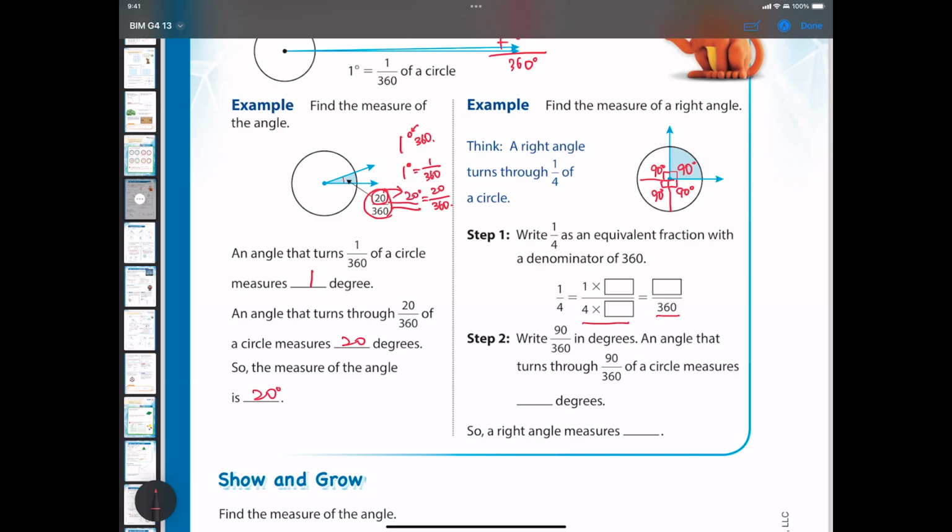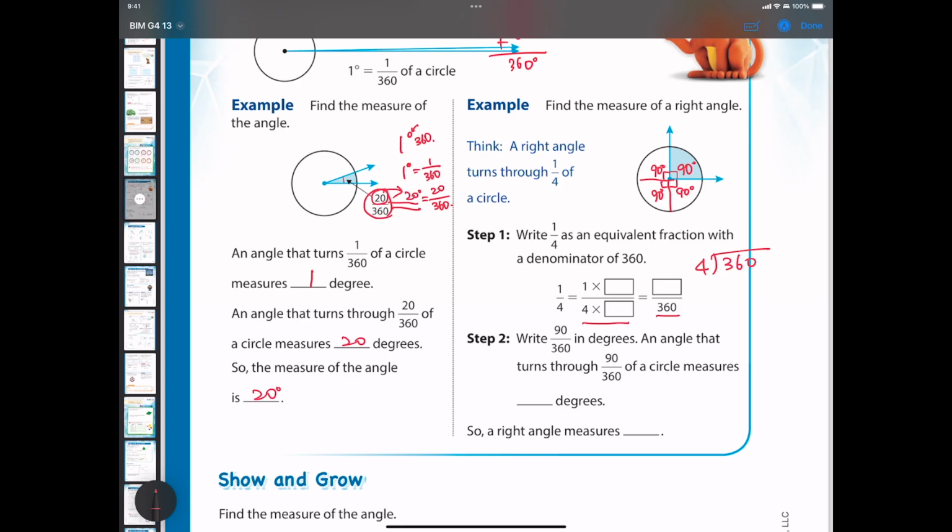The easier way to know that is to just divide by this 4, because we've practiced before that multiplication and division are inverse operations.